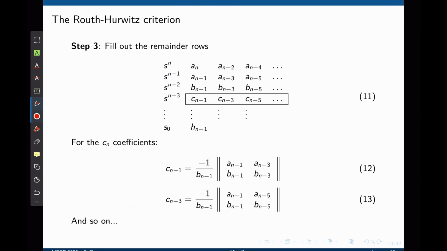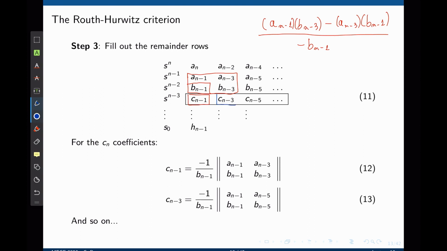This is given. And now the process can continue to the fourth row. We are now dealing with c. cn-1 will take these four elements and will be divided by bn-1. So this would be an-1 times bn-3 minus an-3 times bn-1 divided by -bn-1.